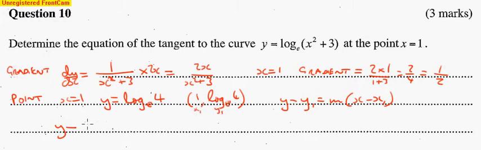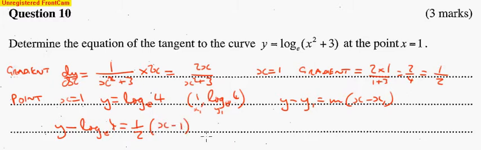We have y minus log to the base e of 4 equals m, which is the gradient. In this case that's a half. That's because the gradient of the tangent is the same as the gradient of the curve at that point. Half into x minus x1, which is 1.